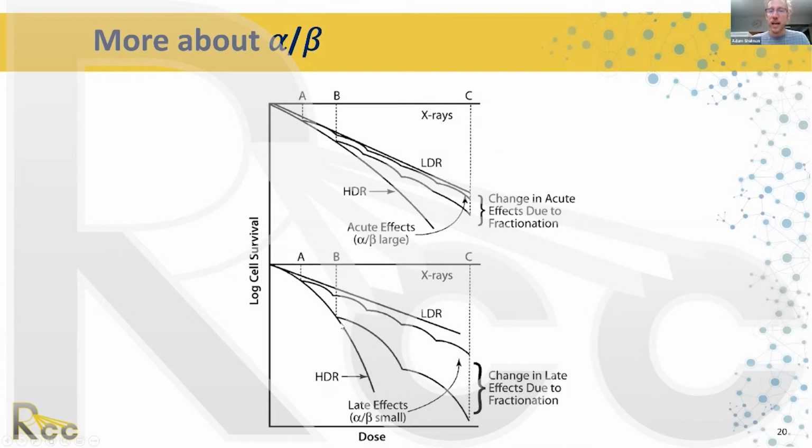So if you fractionate HDR, you look at two different curves. So here's more fractions and fewer fractions. So you can see the change in late effects. So these are organs at risk, late effects. Alpha beta is very small.